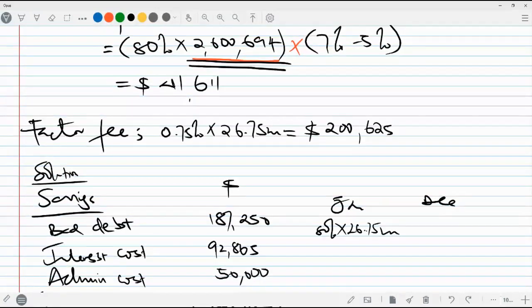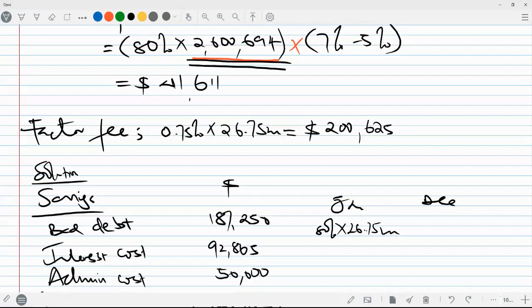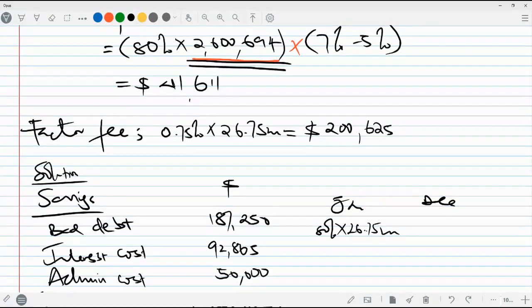So why are we multiplying it by 7% minus 5%? Because what's the fee? How much does the factor charge you for the amount they advance to you? 7%. But even before the factor came over, someone else was financing you. The bank was giving you money.